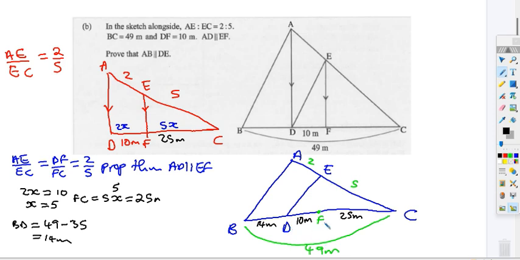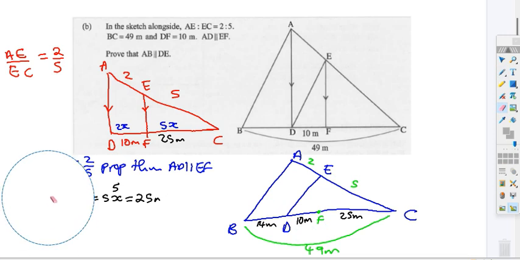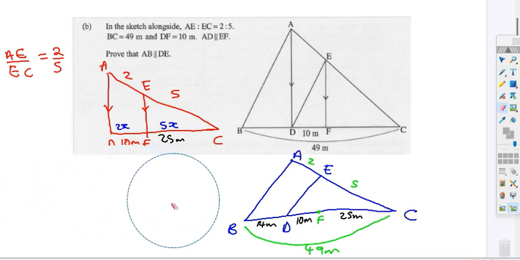parallel to ED. Let me clear some space here. All right. So we are now saying the ratio here, AE over EC is equal to 2 over 5. We have that.